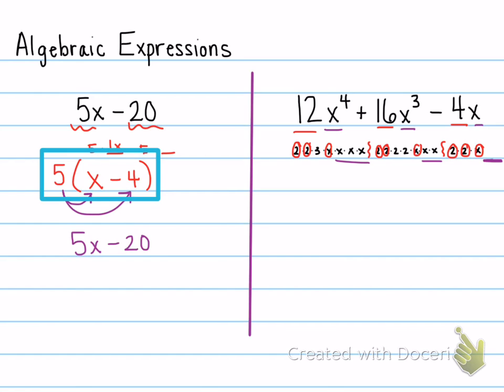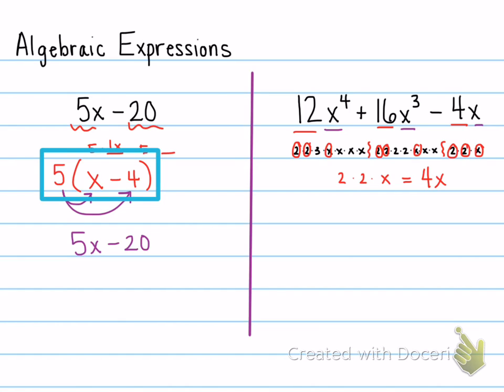If you're going to factor something out of an expression, it has to be able to come out of all of the expressions. Okay, so what do I have that's common? 2 times 2 times x, which equals 4x. That is what I am taking out of this expression.